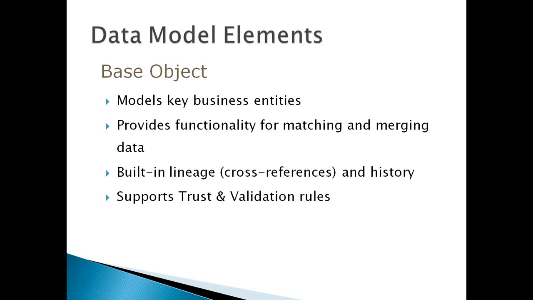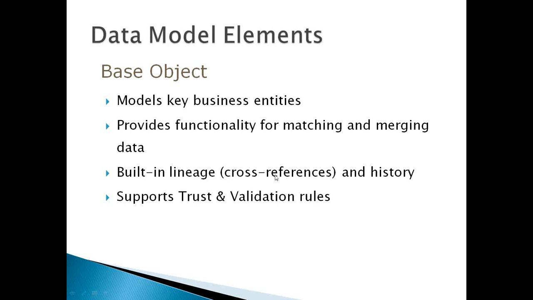So once the data is loaded into the base object, only then do we do all the matching and merging activity. Before the base object, first is the landing table where the ETL team is loading the data. Then we have the staging area where the data is cleansed. Only the cleansing activity happens during the staging process. After that, we load the data into my base object, and then all the other processes happen at the base object level.